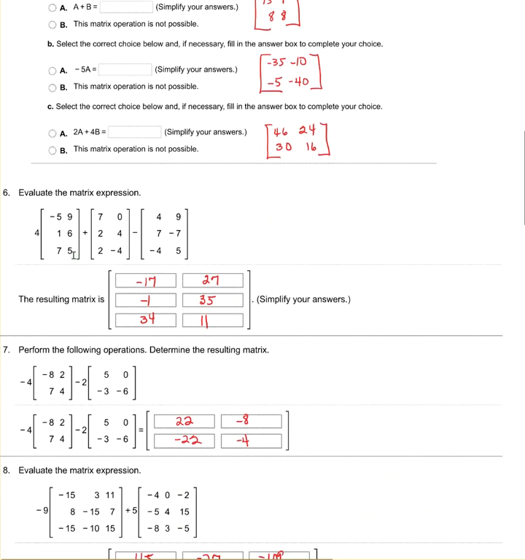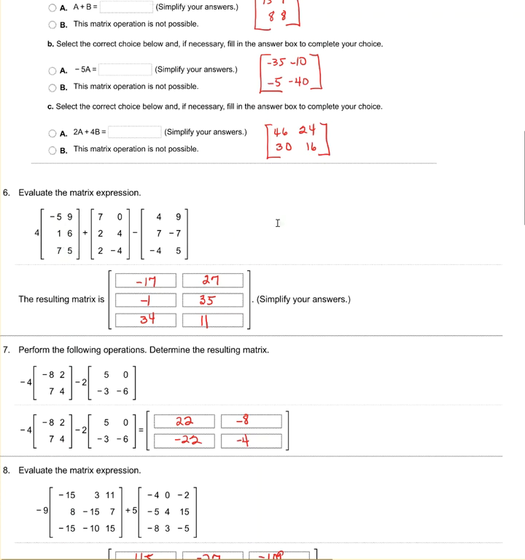Same way with this one. You're going to do 4 of these and add this one, and then subtract this one. So you can either do that by hand and write that out. So your first one would be like -20, 36, 4, 24, 28, 20.